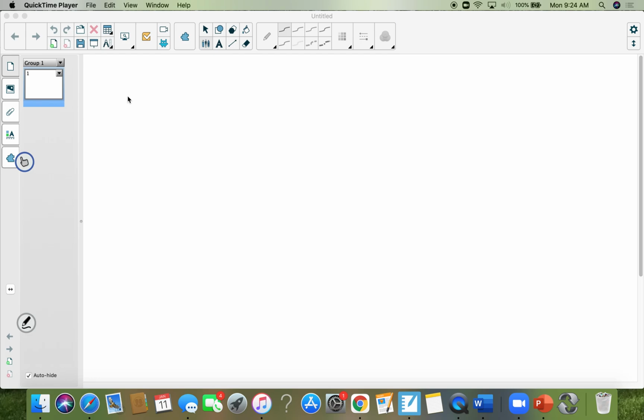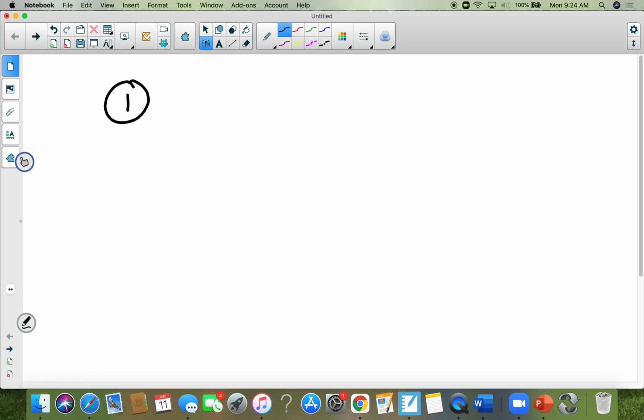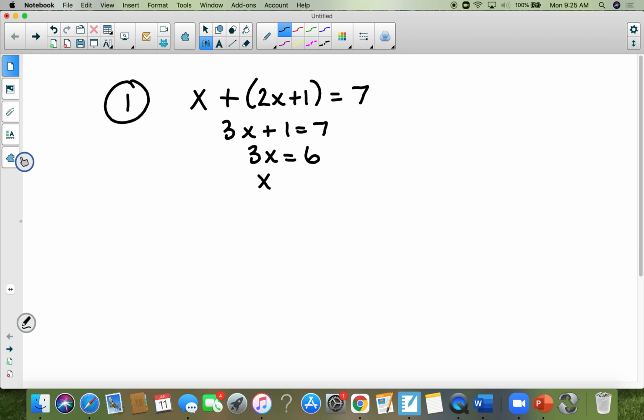So here we go. Number one, you have to solve by substitution. In place of the y in the second equation, I'm going to replace it with 2x plus 1 equals 7. 3x plus 1 equals 7, 3x equals 6, so x equals 2 for the first problem.